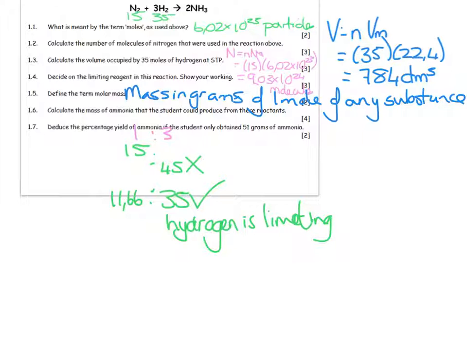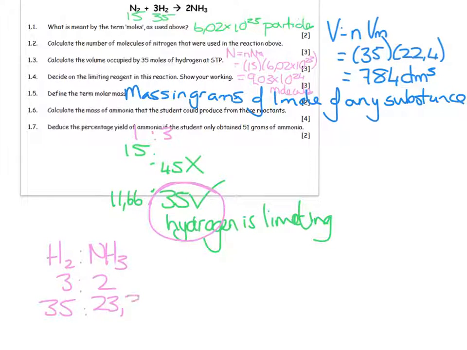Calculate the mass of ammonia that a student could produce from these reactions. So I now know that hydrogen is my limiting reagent, so I'm going to use the hydrogen, and hydrogen is to ammonia as 3 is to 2, as 35 is to 23,3. What did I do to 35? I divided it by 3 and then multiplied by 2 to get 23,3.